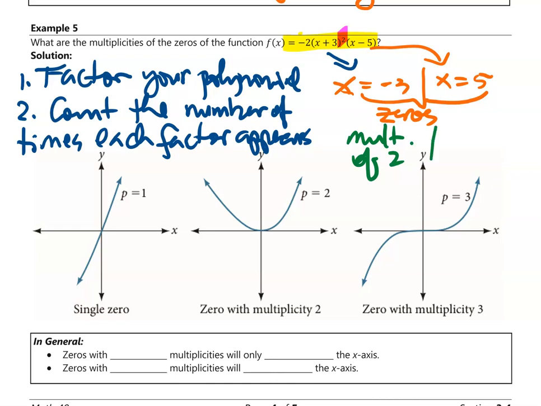And x minus 5, the exponent is 1, so it's just a multiplicity of 1.